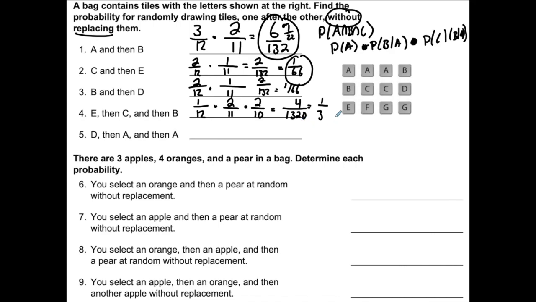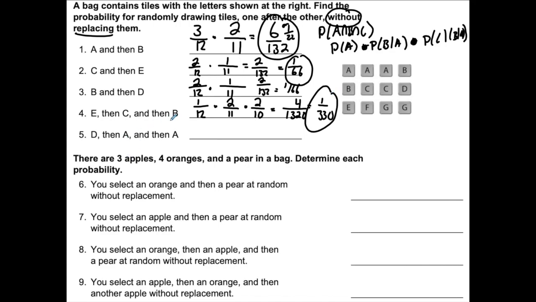Yes, it is. So you got a 1 in 330 chance of that. And that makes sense, right? Because there's a lot of things to choose from, but the more things that have to happen for this to all work out, right? E has to happen, and then specifically C has to come next, and then specifically B has to come third. The more of those you add on, and if you say all of those must happen, the less likely that's going to be true.